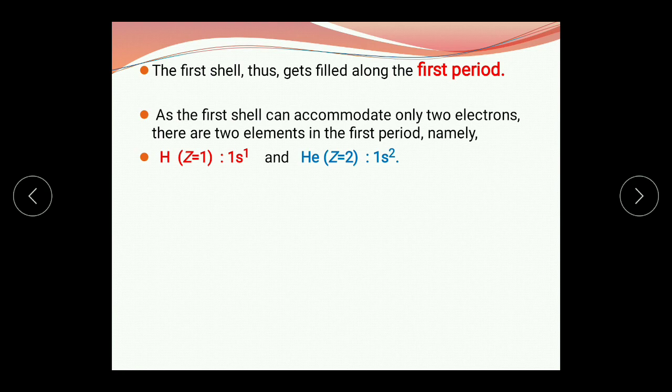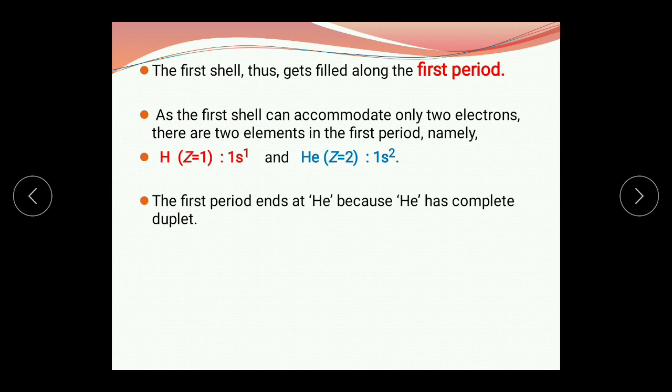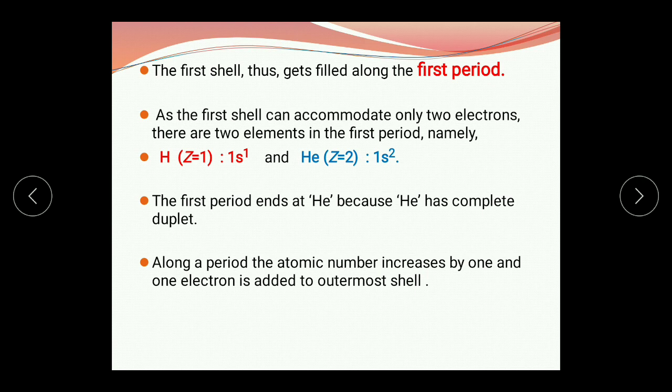It has 2 elements, hydrogen and helium. Helium has a complete duplet and not an octet because helium has atomic number 2 and the first shell ends with 2 electrons only. Along the period, atomic number increases by 1 and 1 electron is added to the outermost shell till it is complete. So, this is your first period.